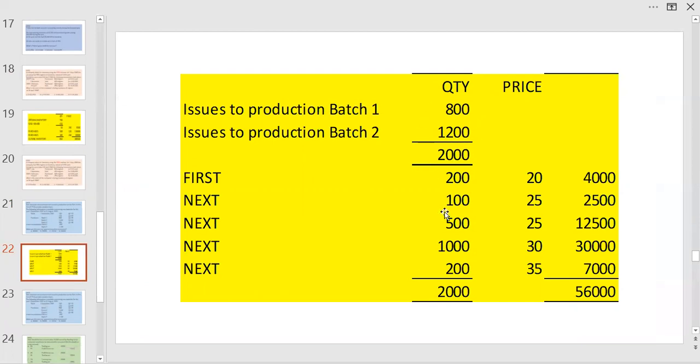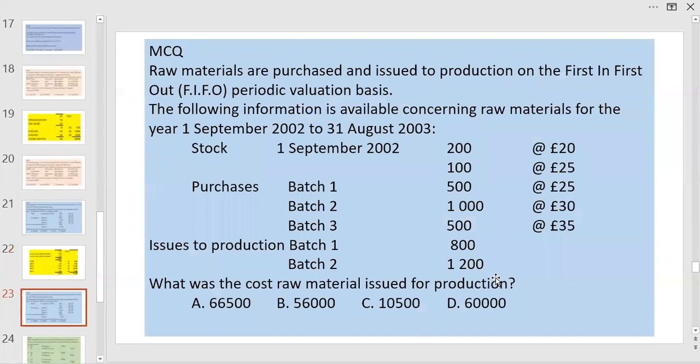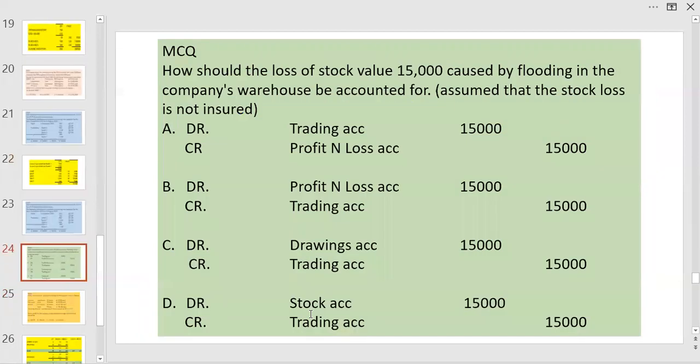Out of that, first 300 all from opening stock, 500 from the first batch, 1000 from the second batch, the balance 200 is from the third batch, giving us a total value of 50,000 for the issues. The answer is B.